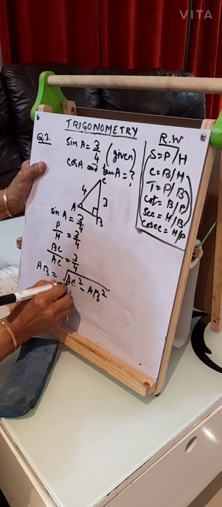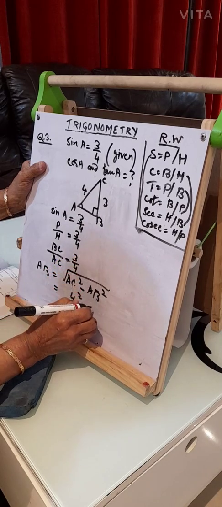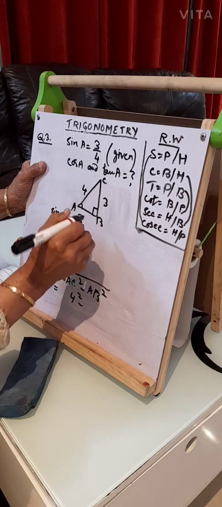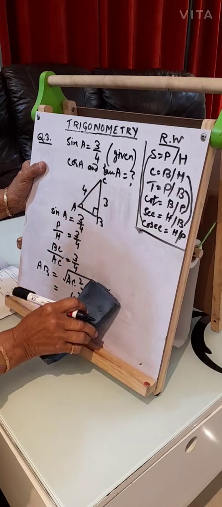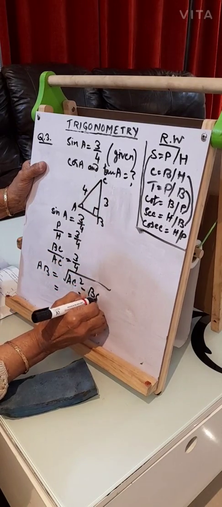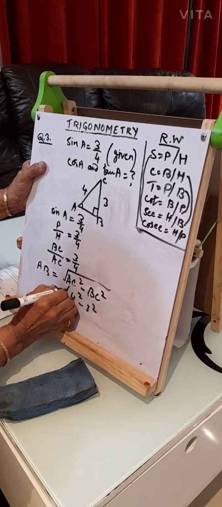How much is AC? 4. So 4 square minus BC square, whole square root. BC is equal to 3, so it will be 3 square.